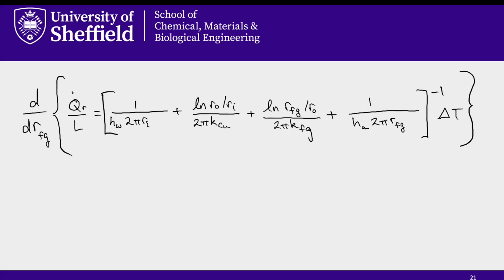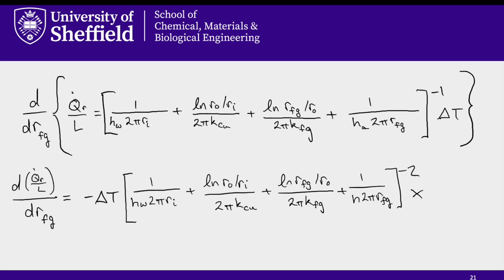The first thing we do is multiply the quantity in square brackets by -1 and raise it to the power -2. And then we have to multiply that quantity by its derivative with respect to RFG. The first two terms do not contain RFG, so they go away. We've got a logarithmic term, which is a quotient, and so you can write that third term in brackets as the natural log of RFG minus the natural log of R outer, both over the constants.